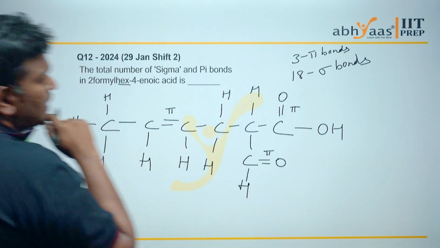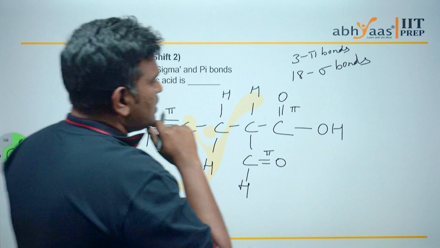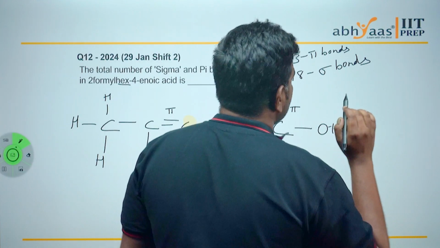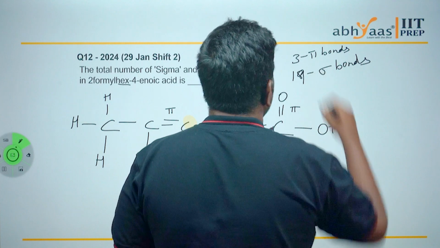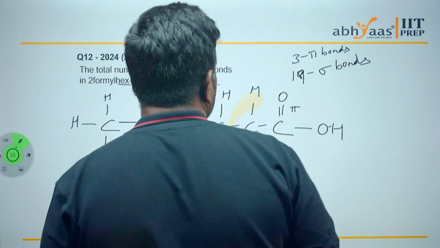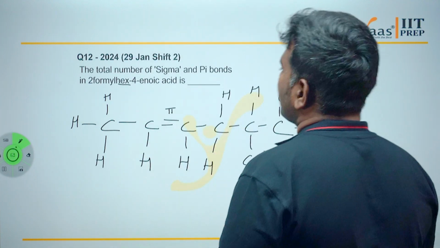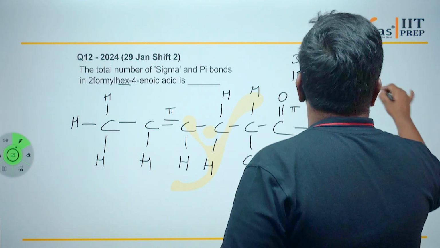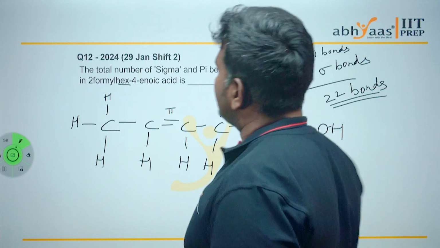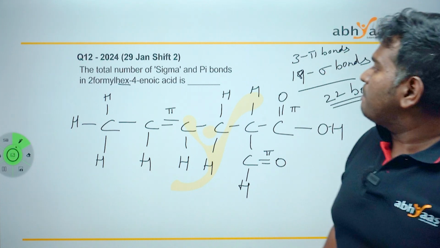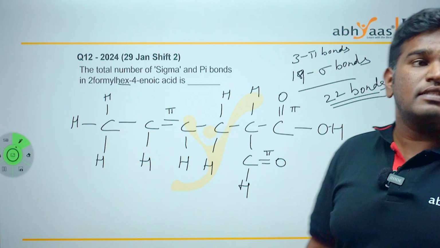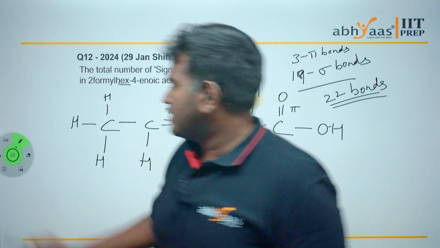Right. You are having 18 sigma bonds. So here, and this is also a sigma bond. So it will be 19 sigma bonds, and totally you will be having 22 bonds. So the answer is that the total number of sigma and pi bonds in 2-formyl hex-4-enoic acid is 22 bonds. Right.